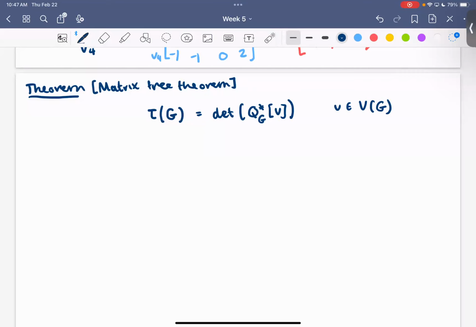And how we're going to prove this is by induction on the number of edges in the graph.